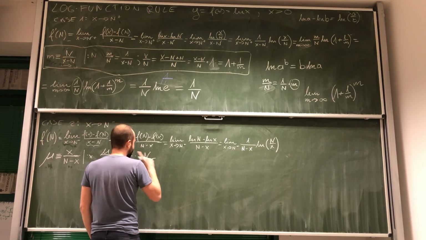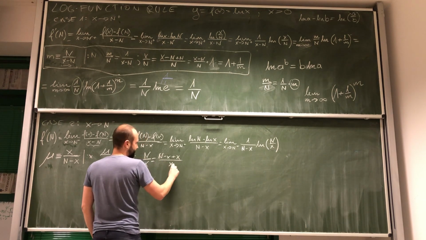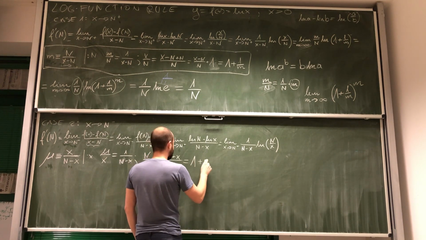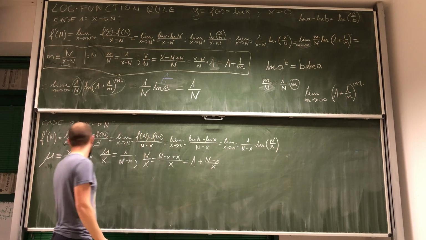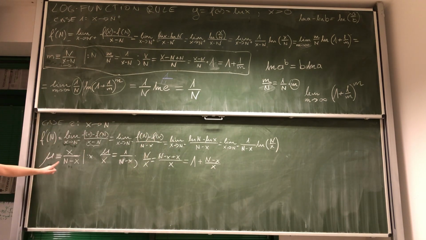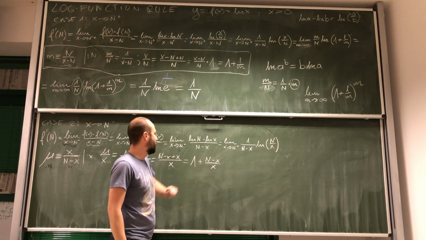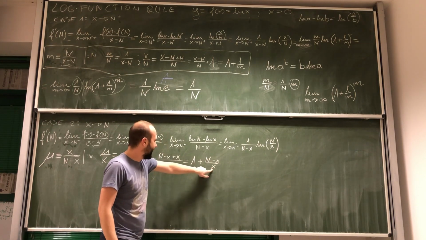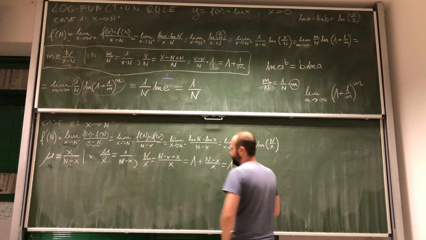So I'm going to write it as n minus x plus x divided by x, which will give us 1 out of these two, plus n minus x over x. And again, we see that mu is defined as x over n minus x, so if we have n minus x over x, we just simply have 1 over mu. So n over x is 1 plus 1 over mu.